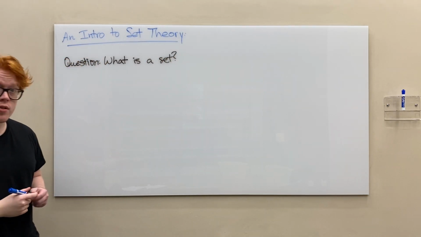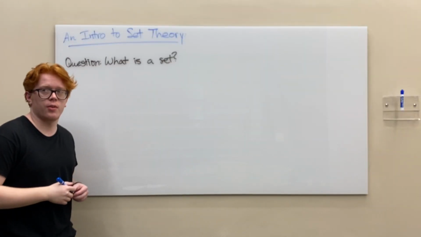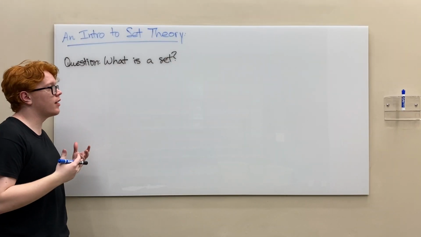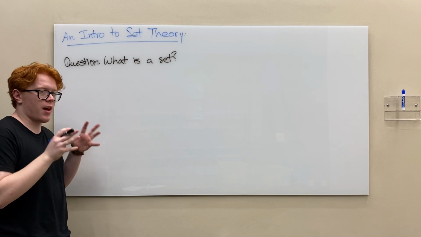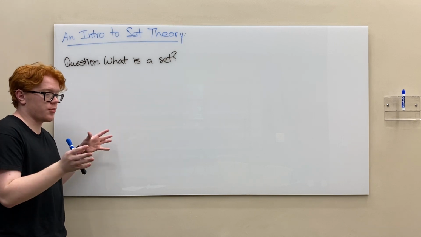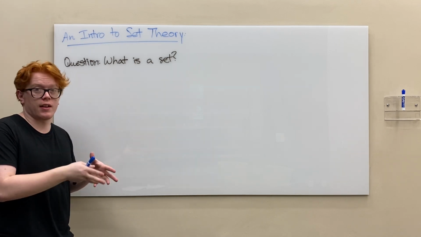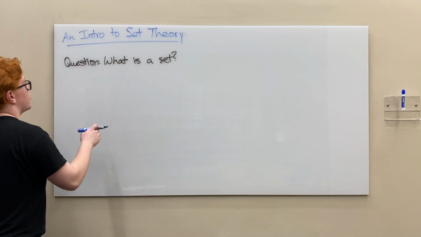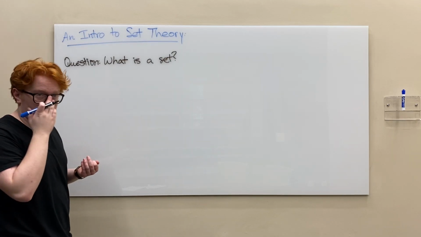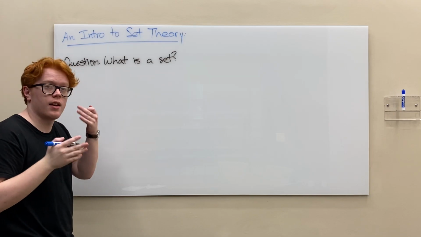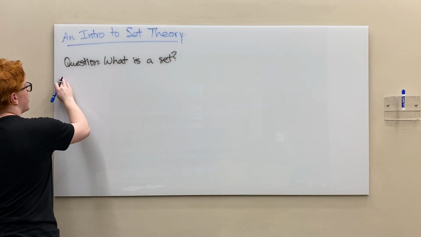It depends on who you ask, but for the purposes of this video, we're going to say that a set is a mathematical object that contains things which we will call elements. A very popular and typical way to see a set represented is like this.